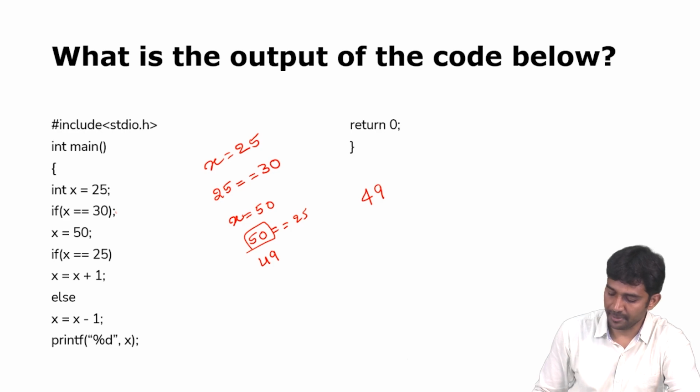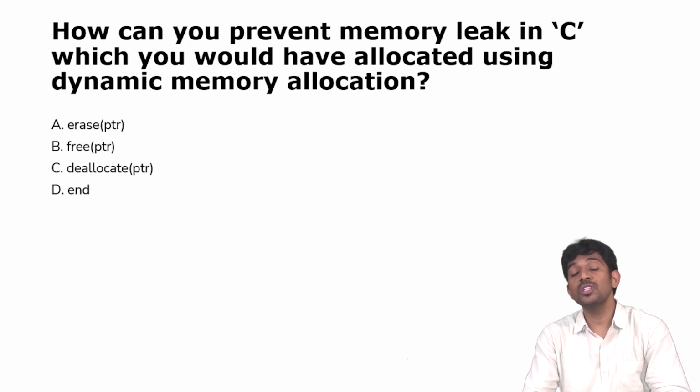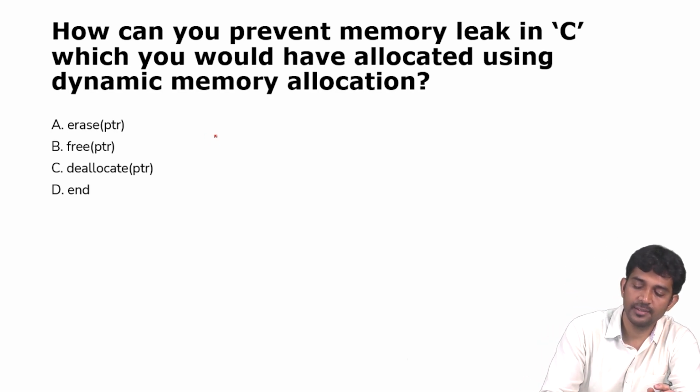Okay? Next, how can you prevent a memory leak in C? So you know that in C we have various dynamic memory allocation functions. First one is malloc, right? calloc, right? realloc, and the next one is free.